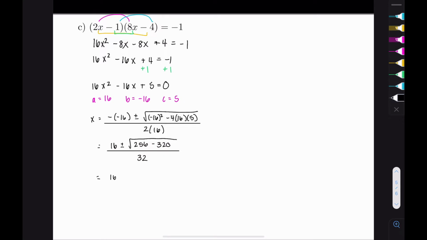So at this point, maybe you notice you've got one number minus something bigger. So 256 minus 320 gives us negative 64 underneath our radical. And again, anytime I have a negative sign, I immediately need to turn it into an imaginary number. So this is the square root of 64 times i over 32.